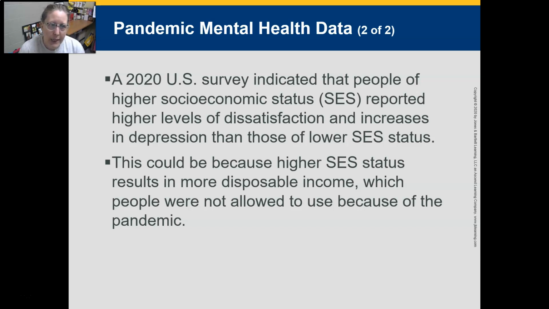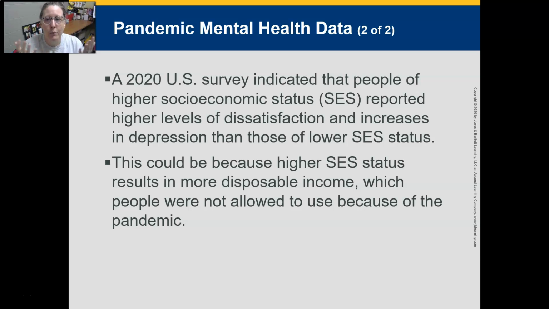Where there was a peak in the disease levels, the levels of anxiety and depression also increased. A 2020 U.S. survey indicated that people of higher socioeconomic status reported higher levels of dissatisfaction and increases in depression than those of lower socioeconomic status. So we're like, well, why would that be? Why would that make a difference? They suspect this could be because higher socioeconomic status means you have more disposable income, so more money to go do things.